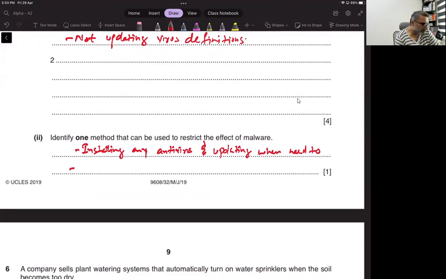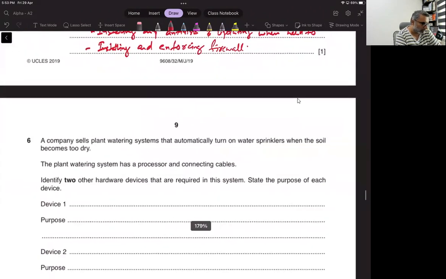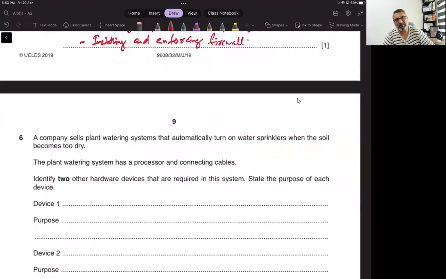Installing a firewall, installing and enforcing a firewall. There might be others, like creating strong passwords or something like that.